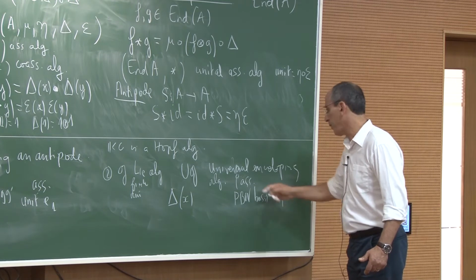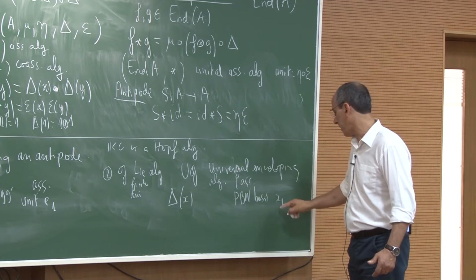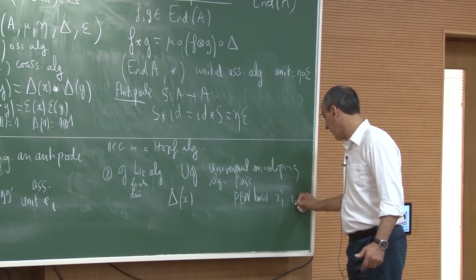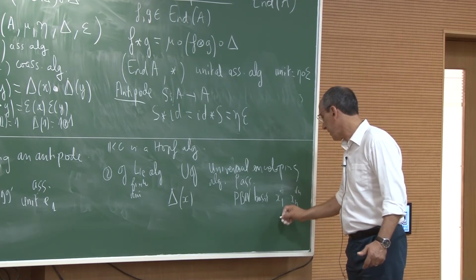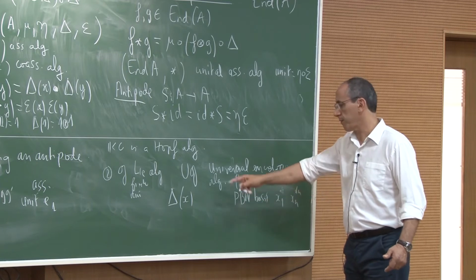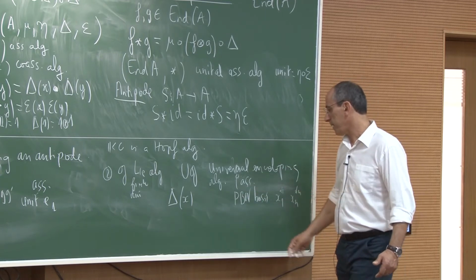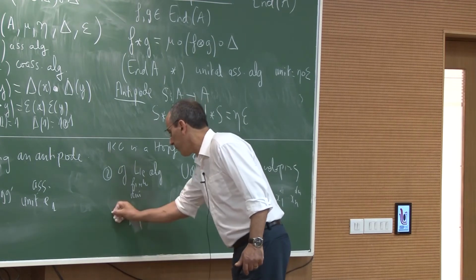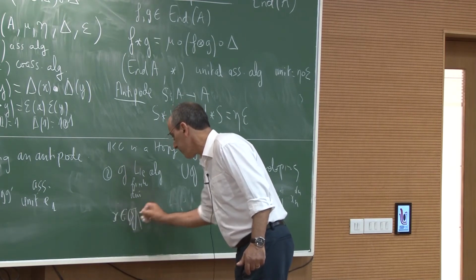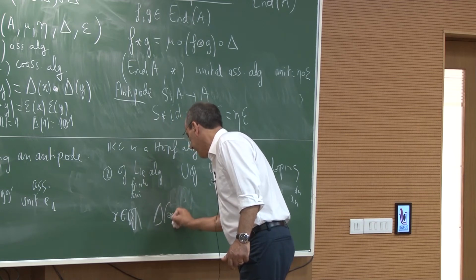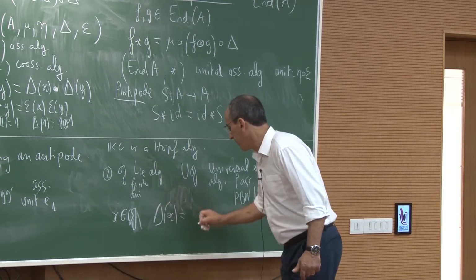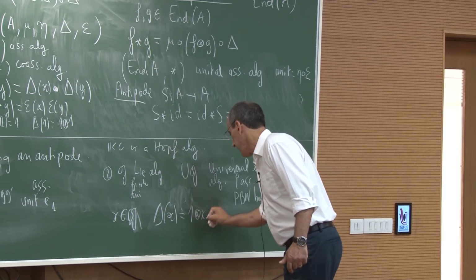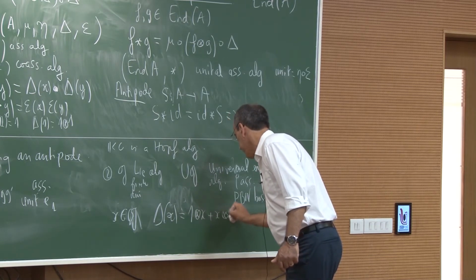Then the basis for this universal enveloping algebra is given by x1^alpha1 ... xn^alphan. And these xi are generators of your Lie algebra. And for an element x of G, delta of x is 1 tensor x plus x tensor 1.